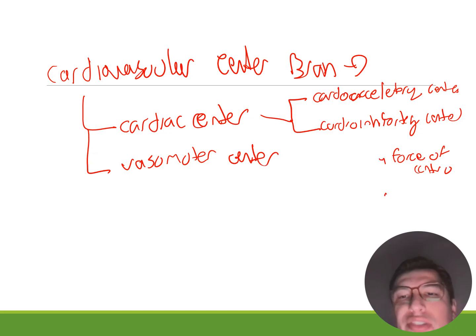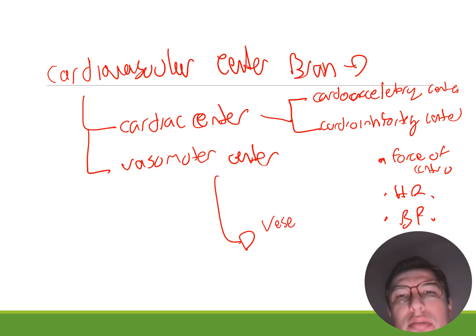We're also adjusting heart rate to increase or decrease blood flow, and this is going to affect blood pressure. The vasomotor center is going to affect vessel tone to help with blood redistribution.